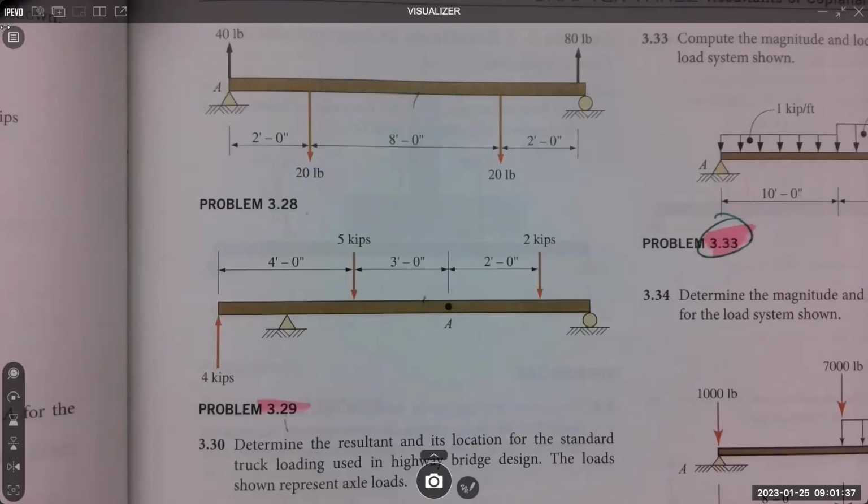That's the supports. Right now, we're finding resultants of the force system. So these 3 forces, there's a resultant to that, right? And we're finding it. But in the end, we want the resultant to go away, and the supports resist the forces.